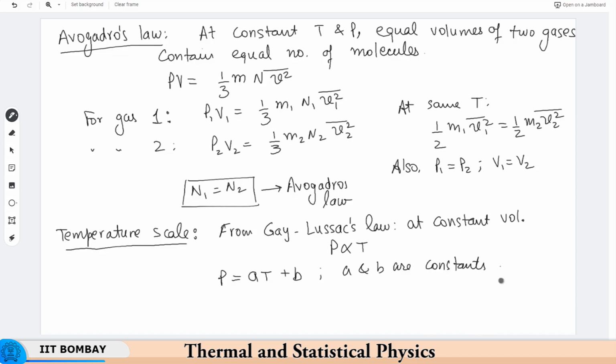So if I just plot this pressure versus temperature, so like I said, it is just a straight line over a certain range, but you can always extrapolate it, right, and the A will basically be the slope of this curve, and B will be the intercept, or the pressure at t equal to 0, right.